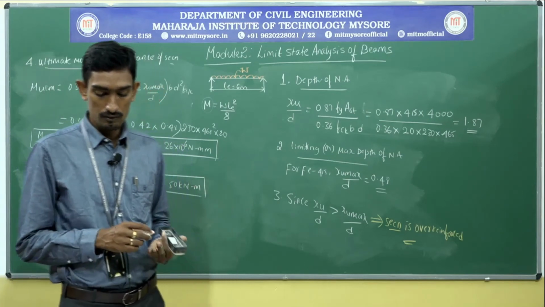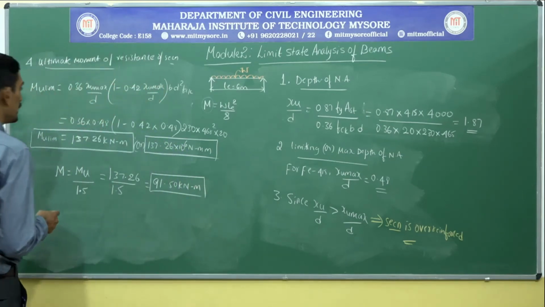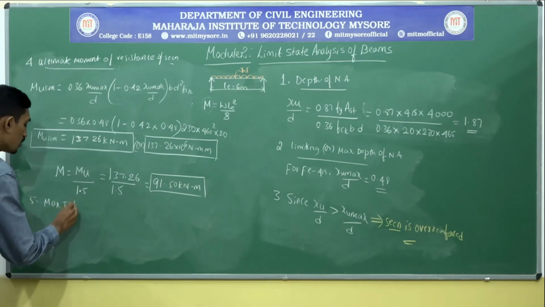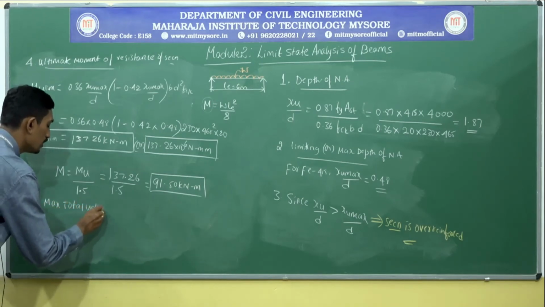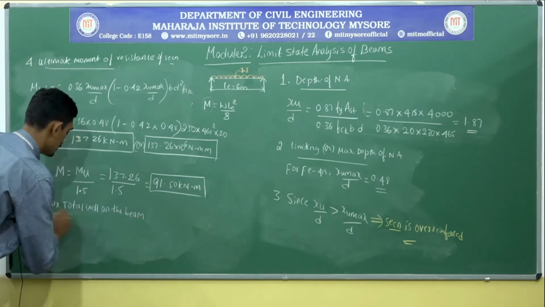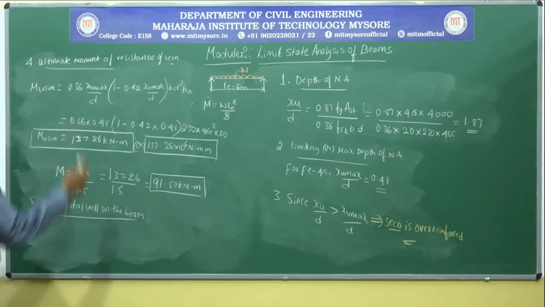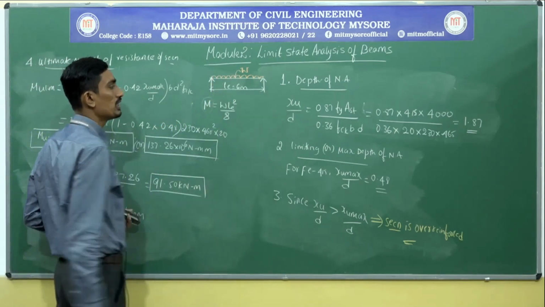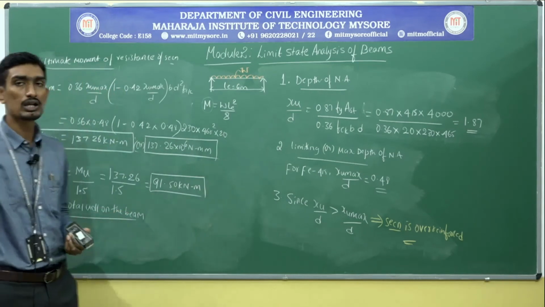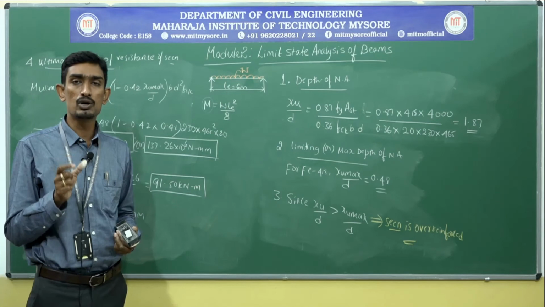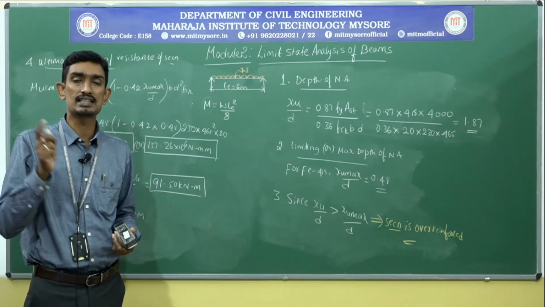Okay, so now with this unfactored moment, let us calculate the maximum total UDL on the beam. From the formula we know, for a simply supported beam subjected to a total UDL of W, total UDL meaning total load W is equal to dead load plus live load.